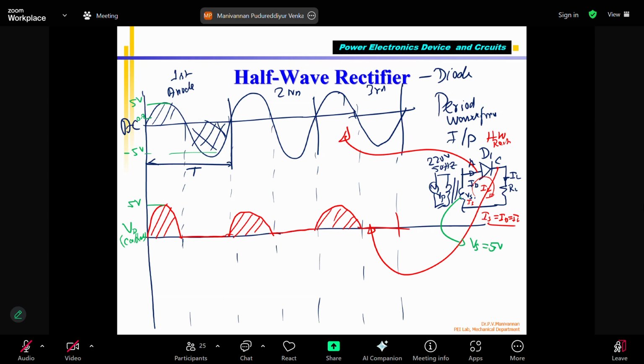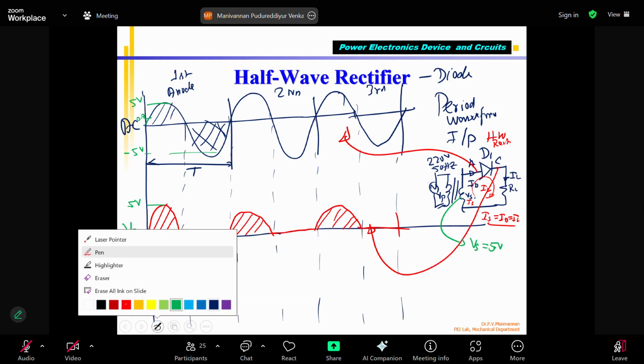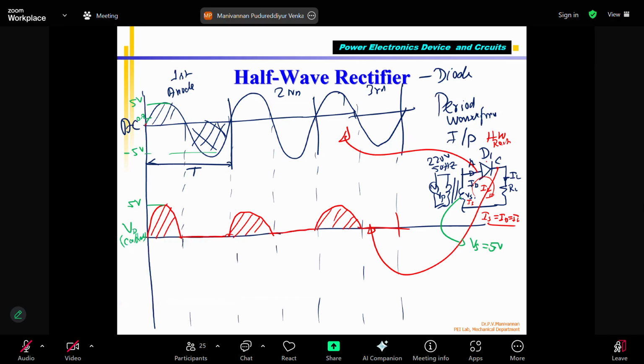Somebody wants to say something? Sir, VD max should be 4.3 volts. No, the VD max will not be there. You know the voltage you apply at the anode is increasing from zero. Will the diode conduct in the forward bias condition up to this position?